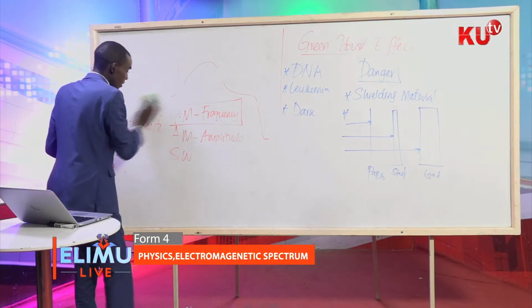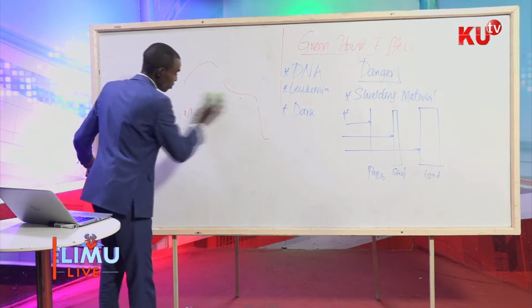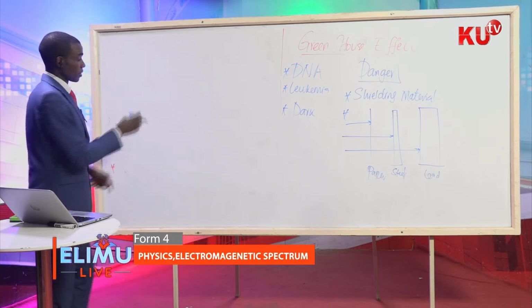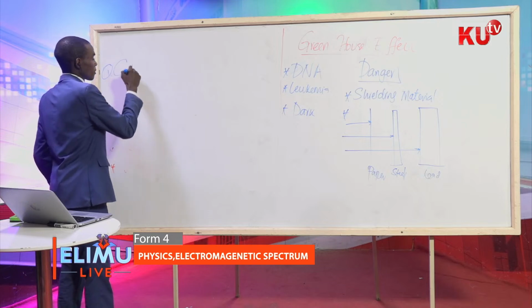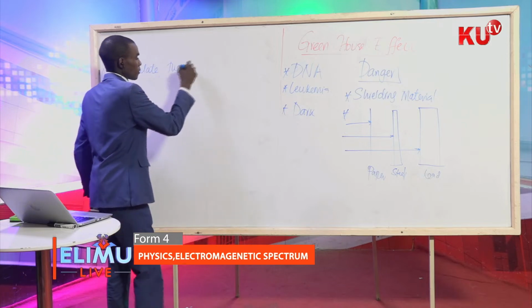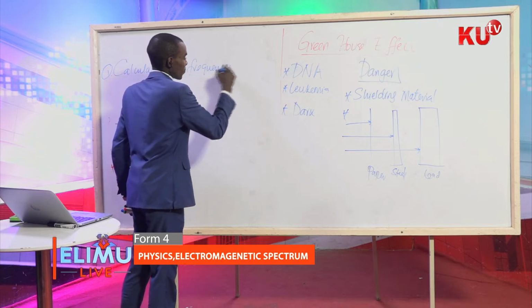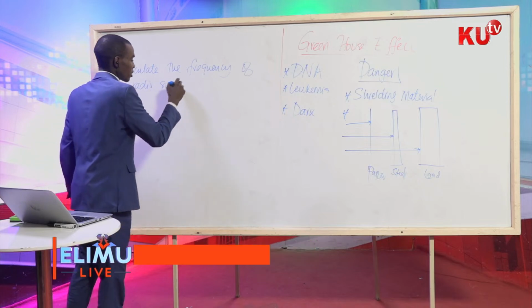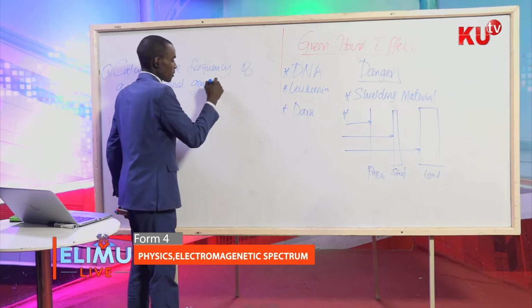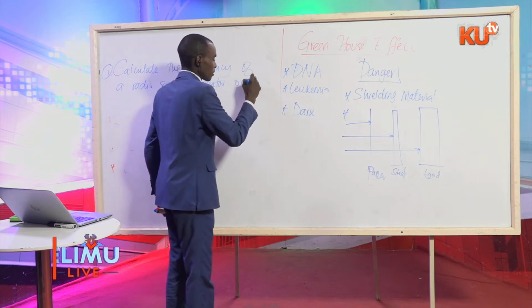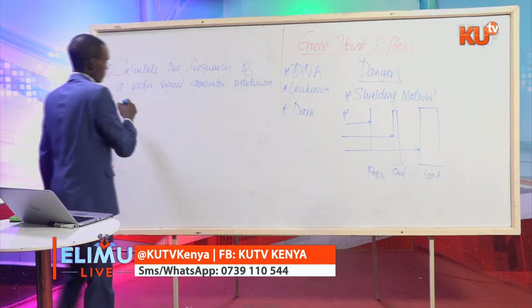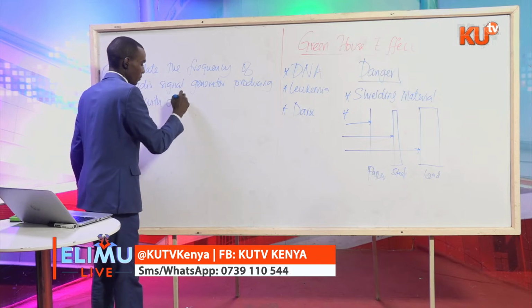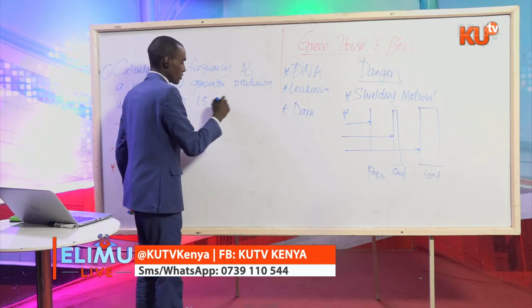Calculate the frequency of a radio signal generator producing waves with crests 1.5 meters apart.